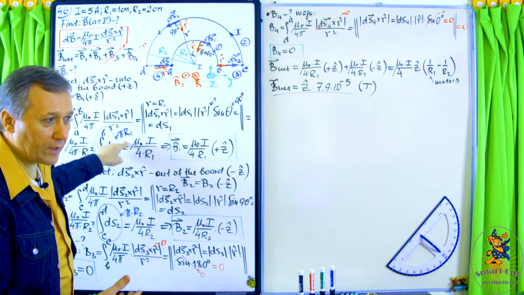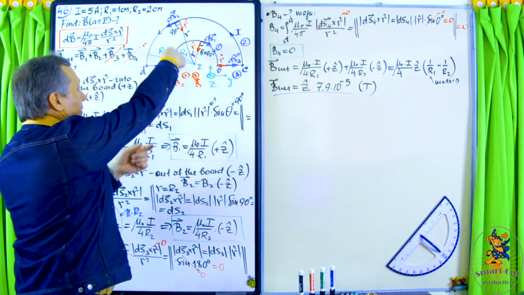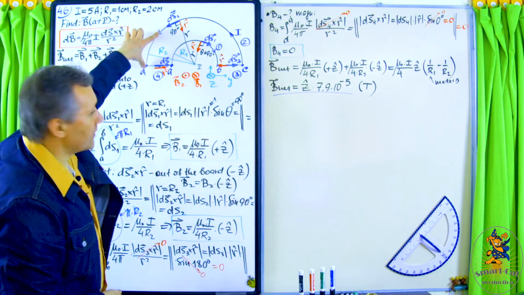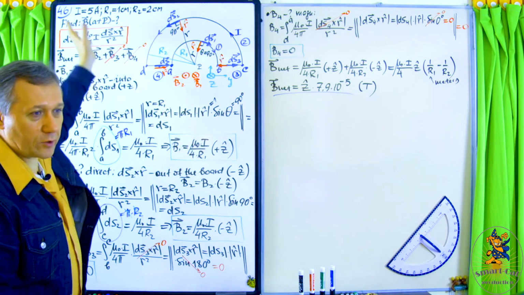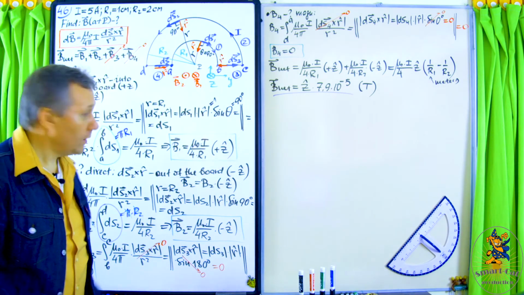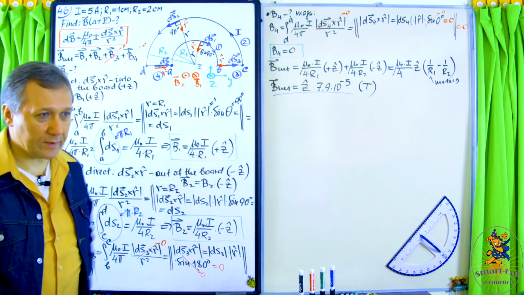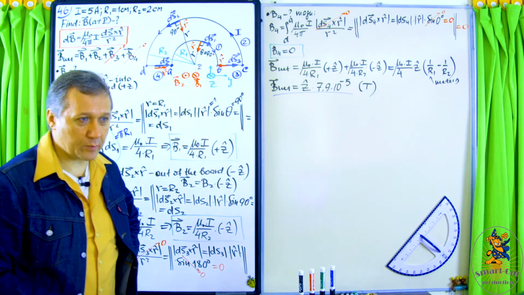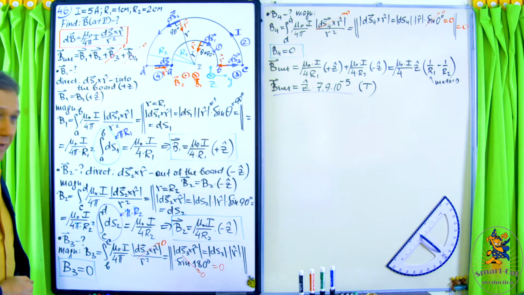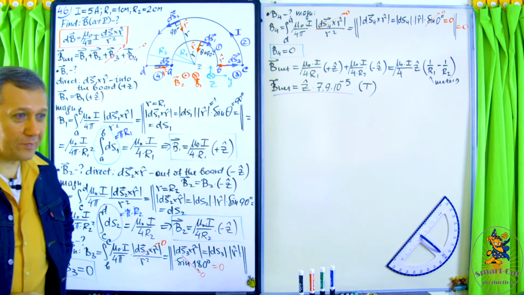You will have to divide 2 pi r by a larger number in order to get the arc length. You will figure it out. And as I said, this section goes to infinity, so there wouldn't be any contribution from it. Otherwise, it's a very similar situation. This problem is more complicated, so you should be able to handle that problem by yourself in your homework. Okay, so that's this problem, and now Ampere's law.